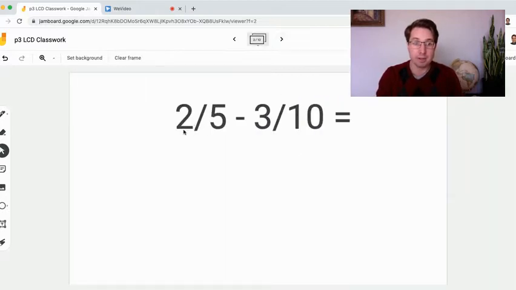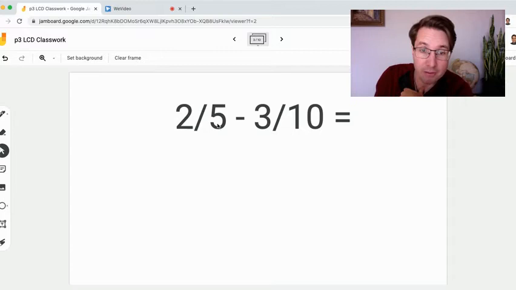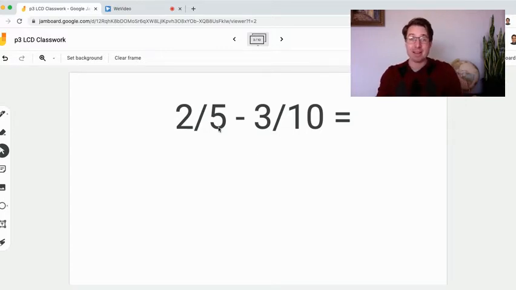Let's keep going here. 2/5 minus 3/10. Let's give this a try. Well, right off the bat, I can see that 5 goes into 10, so therefore 10 must be the lowest common multiple of 5 and 10.